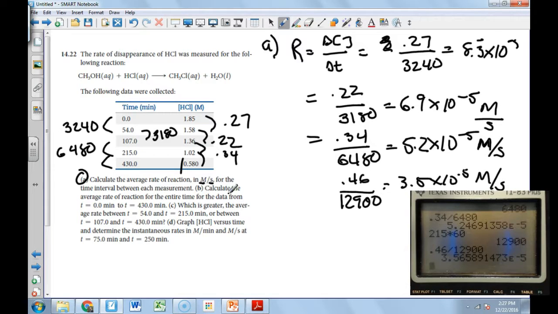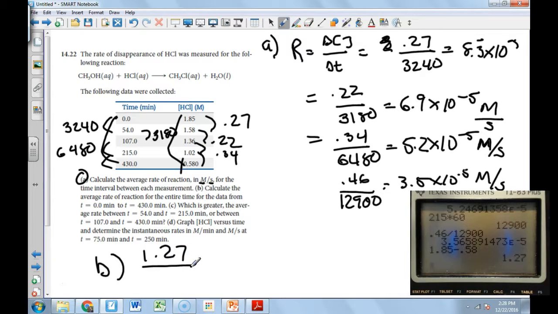Then it says, calculate the average rate of reaction for the entire time of the data. So the average rate of change is the change in concentration over the change in time. For part B, we do 1.85 minus 0.58, so the change in concentration is 1.27, over the time of 430 minutes.